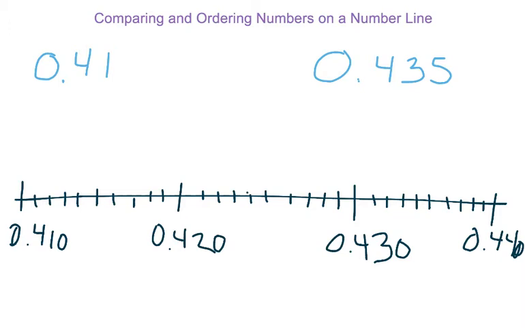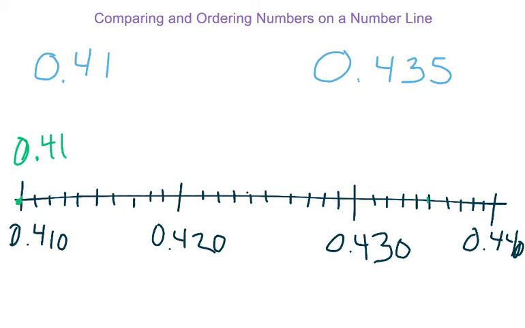Okay, now I'm ready to plot 41 hundredths. That's right there. Now 435 thousandths. There's 1, 2, 3, 4, 5.